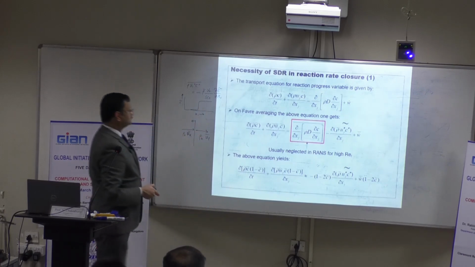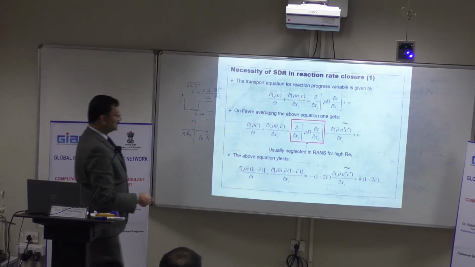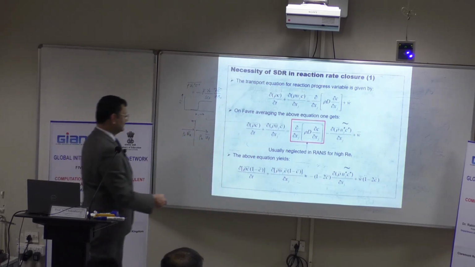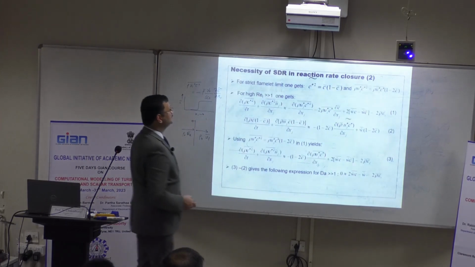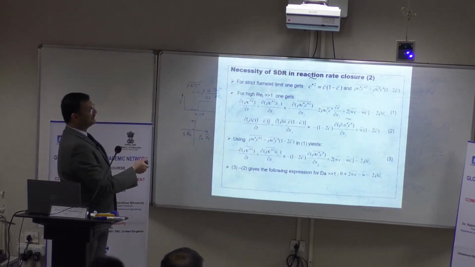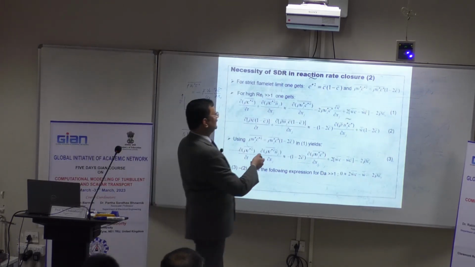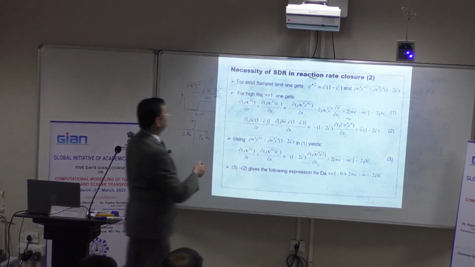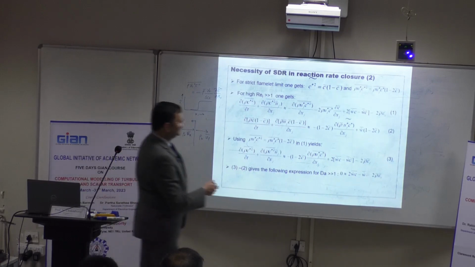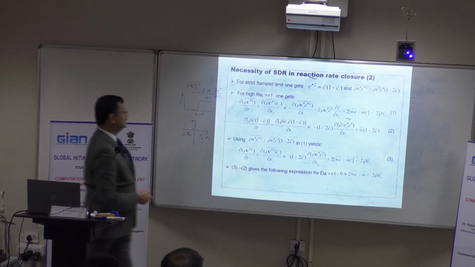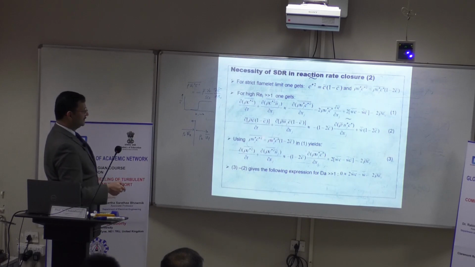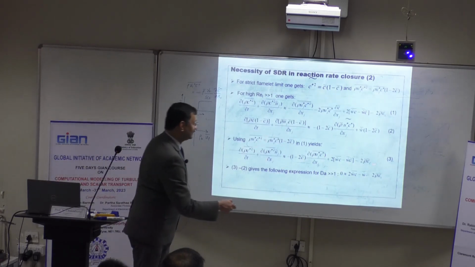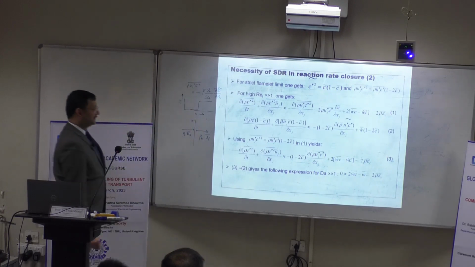So, based on this equation, you can come up with this equation for C tilde times 1 minus C tilde. For the thin flame limit, that means at very high Damköhler number, if I equate this and equate this, then for very, very high Reynolds number, ultimately you end up with this, and then once you replace the scalar flux of variance using this, ultimately you end up with this result.